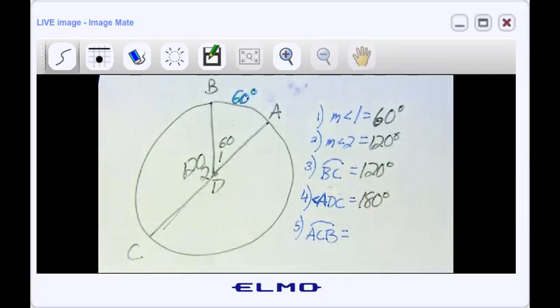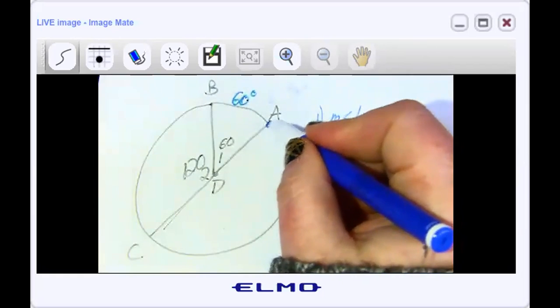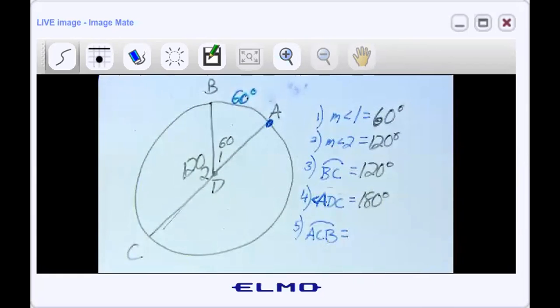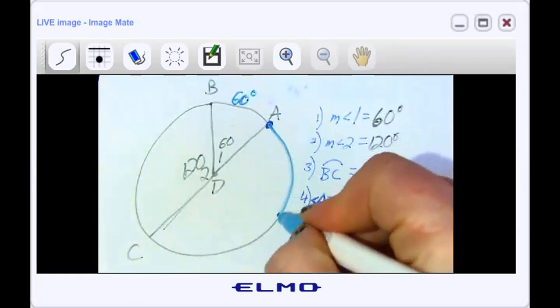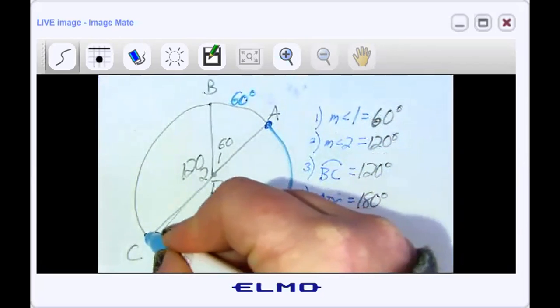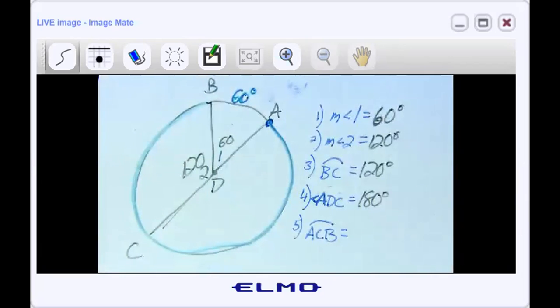Exactly. Now be careful. Arc ACB would be this whole arc. You start at A, and then I'm going to go all the way. Hold on, let me do a highlighter. I start at A, and then I go all the way around to C, and then all the way to B. So it's that whole distance.